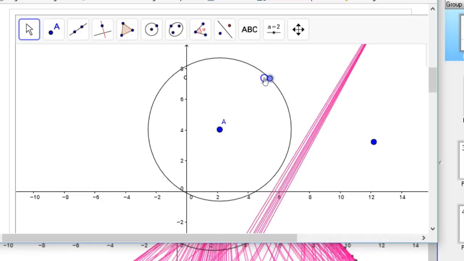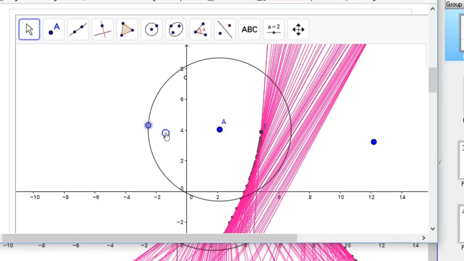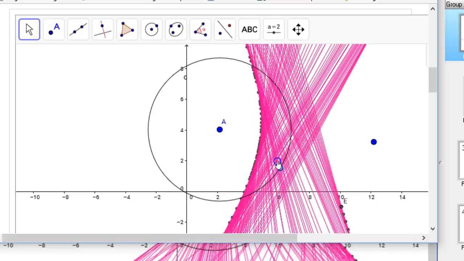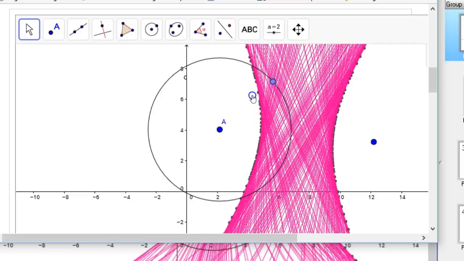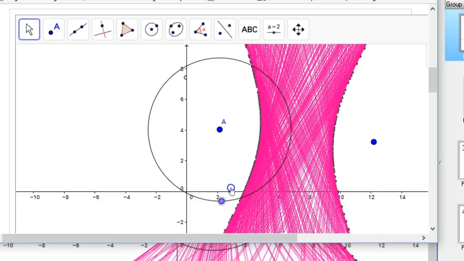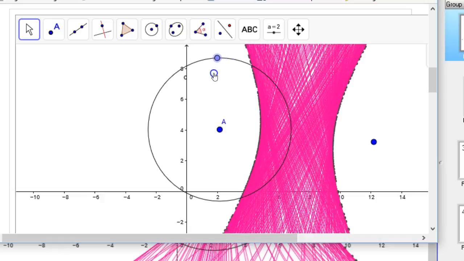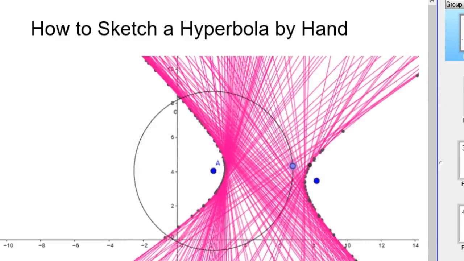Without further ado, I'll go ahead and make the hyperbola. And you can see that it's a very wide hyperbola that's created as I rotate that point around. So that's kind of a fun way to create hyperbolas.